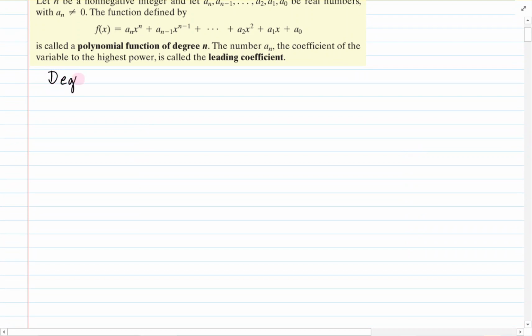I'm going to talk about the degree. I'm going to give an example of the structure. I am going to give you the shape. And then finally have a discussion about the end behaviors.